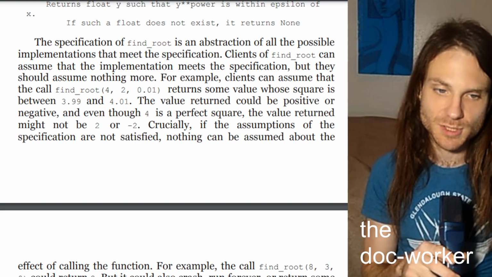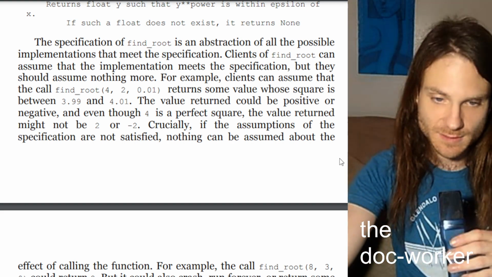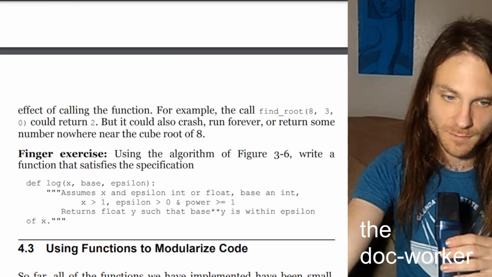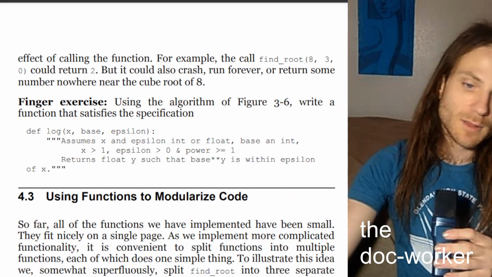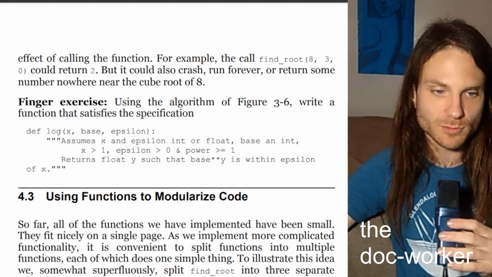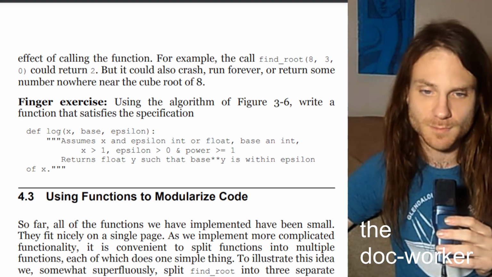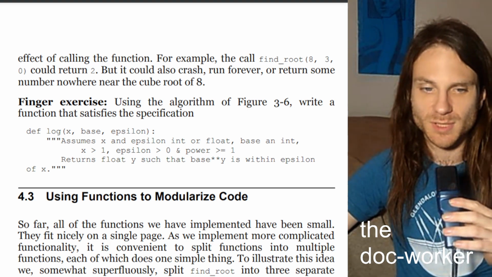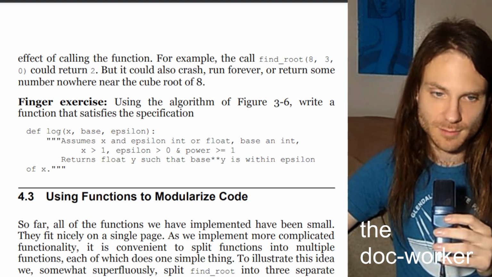Crucially, if the assumptions of the specification are not satisfied, nothing can be assumed about the effect of calling the function. For example, the call find_root with 8, 3, and 0 passed in could return 2, but it could also crash, run forever, or return some number nowhere near the cube root of 8.